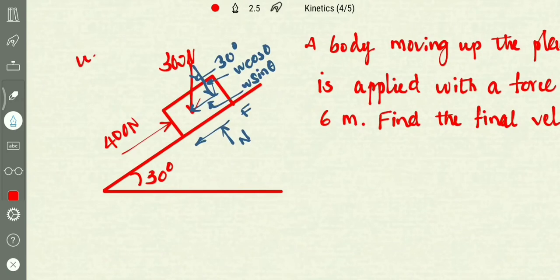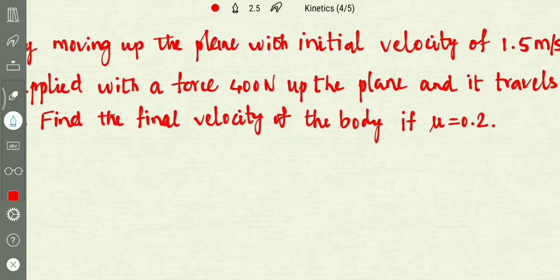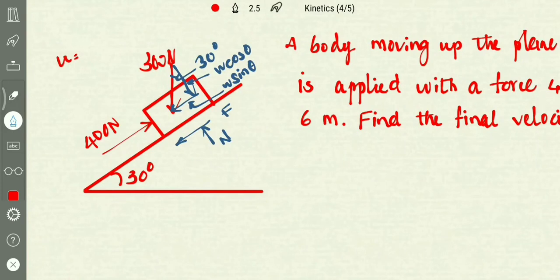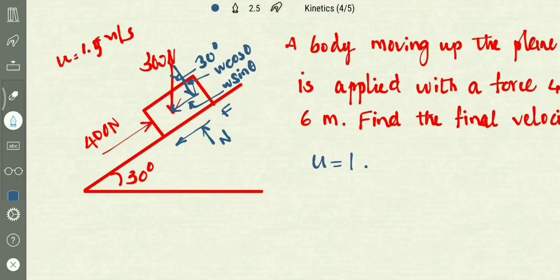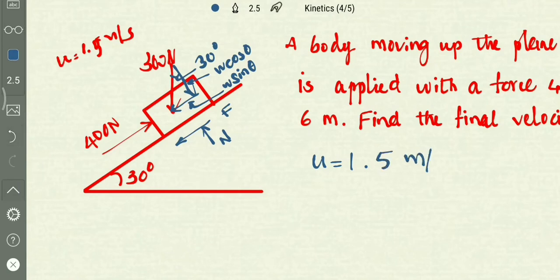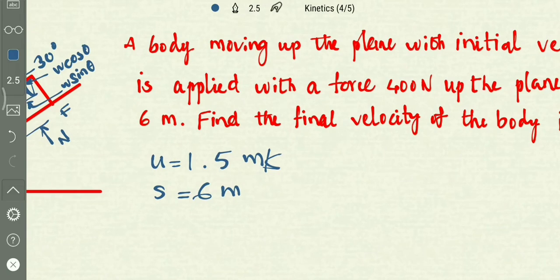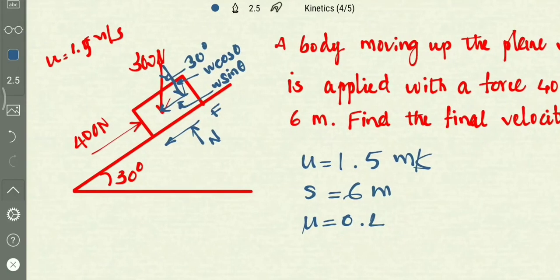First it has an initial velocity of 1.5 meter per second and it travels a distance s equal to 6 meters up the plane, and mu is equal to 0.2, which is the coefficient of friction between the body sliding and the inclined surface.